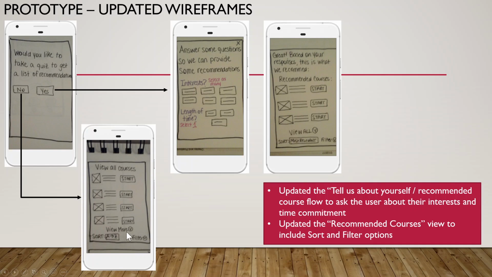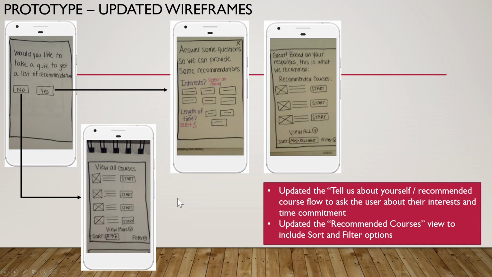So I'll look at this one here. There was feedback about this screen, the course listings, to have some additional functionality, like a search or sort and filter. Also on the quiz here, I took away the learner type question.